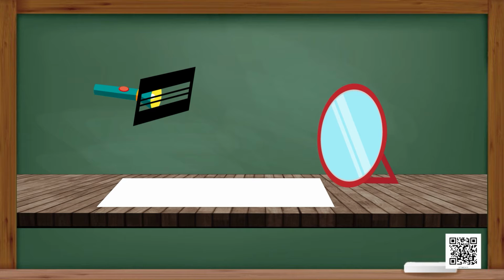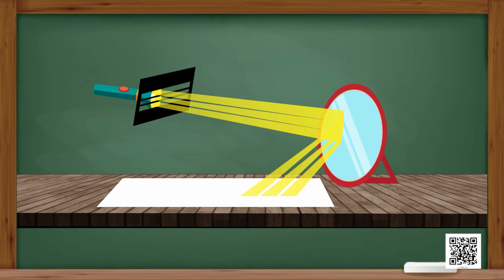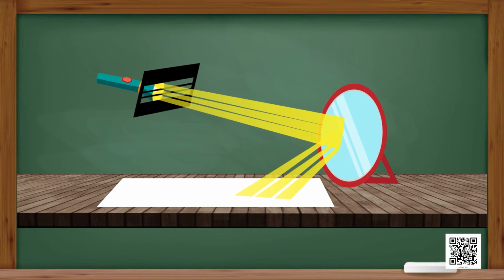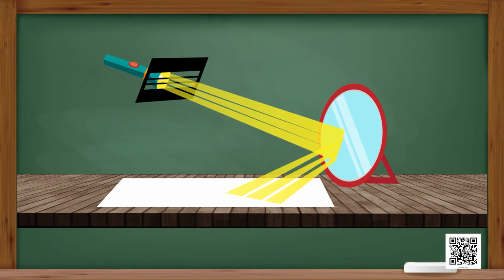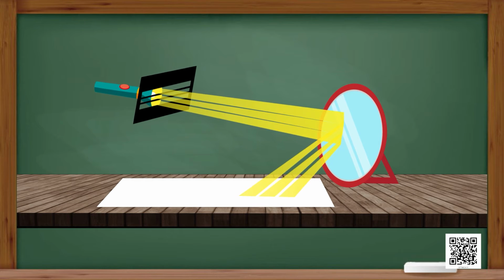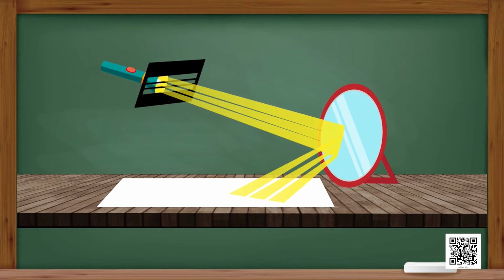Now, direct the beam of light on the mirror from the torch with slits. Place the torch in such a way that its light is seen along the chart paper on the board. Now, adjust its position so that the light from the torch strikes the plane mirror at an angle.